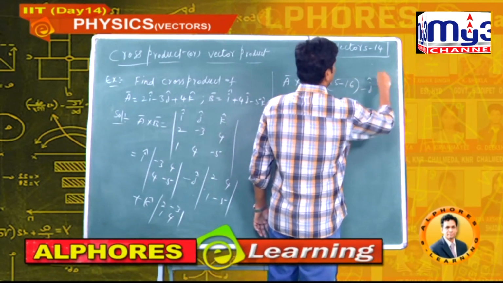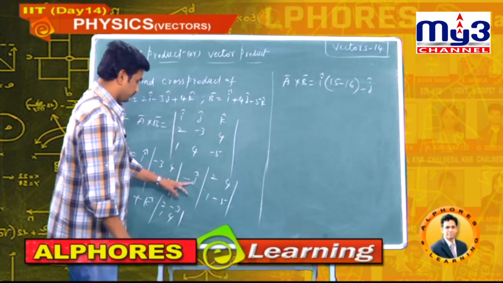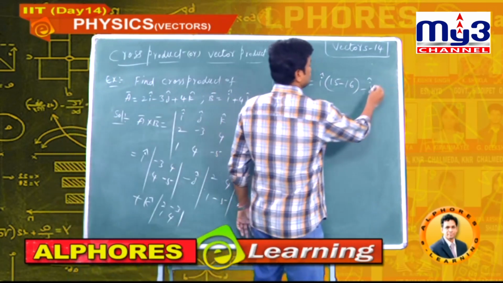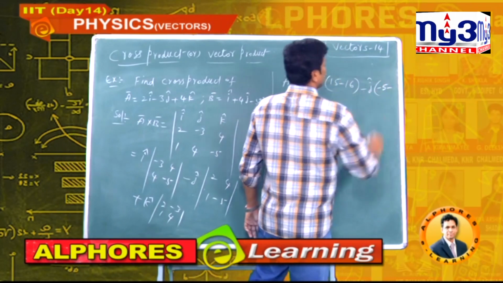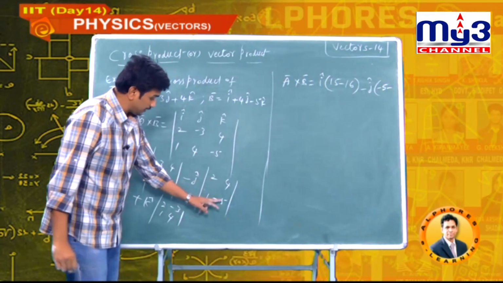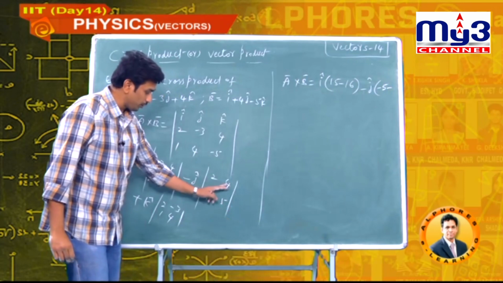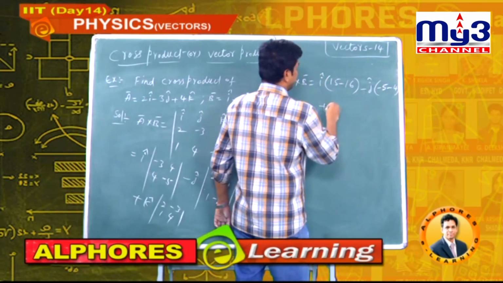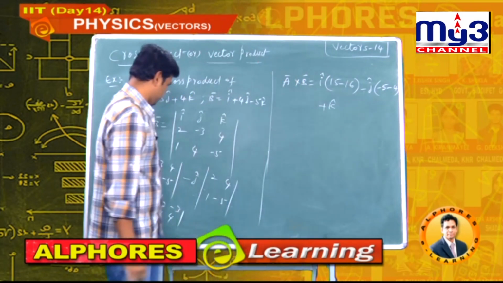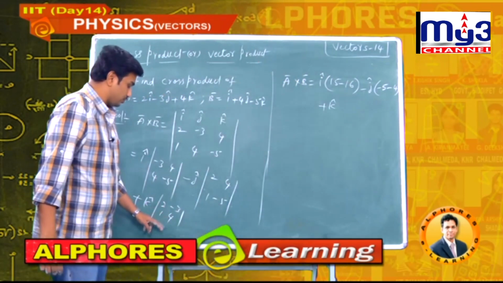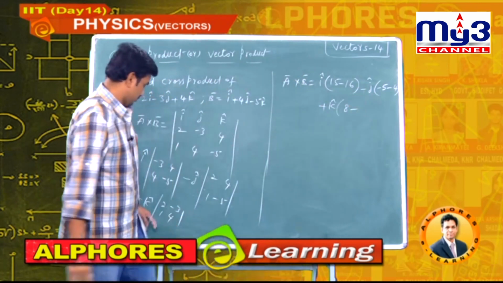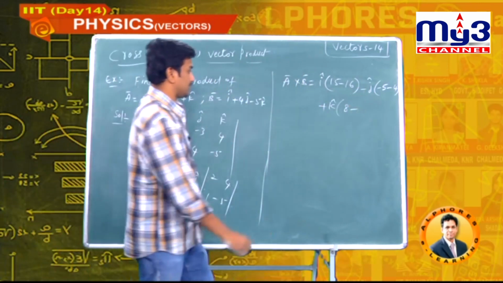Next minus j cap: 2 into minus 5, minus 5. After this multiplication minus, then 4 into 1, 4. Next plus k cap: 2 into 4, 8, minus 1 into minus 3, minus 3.